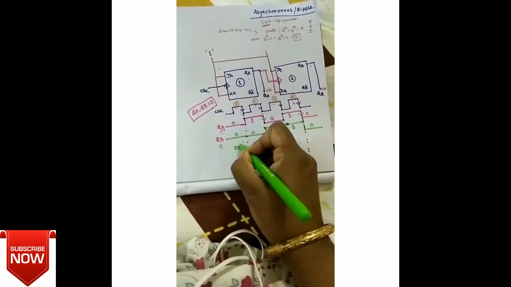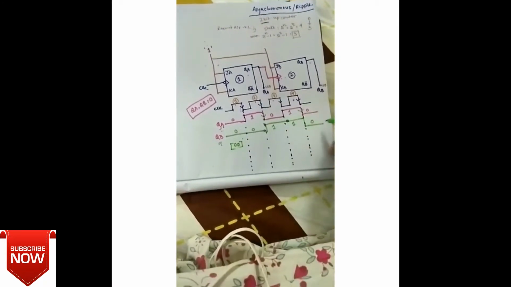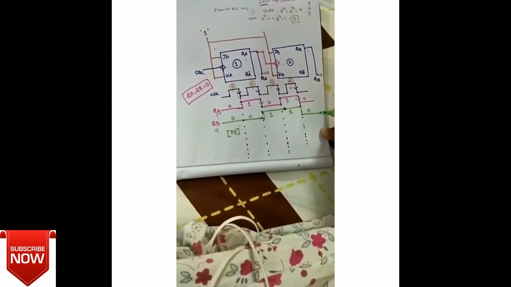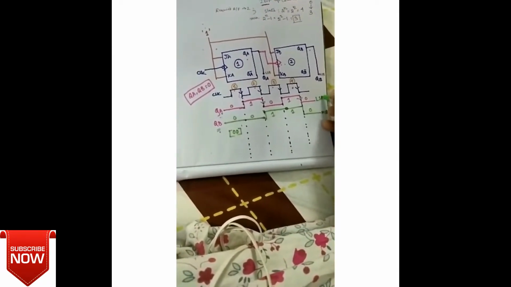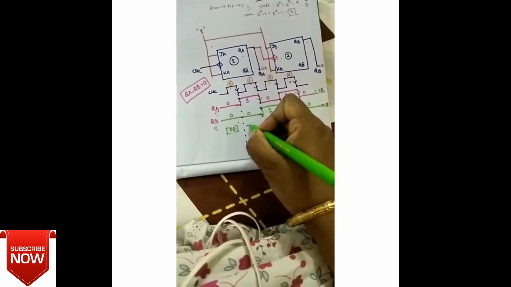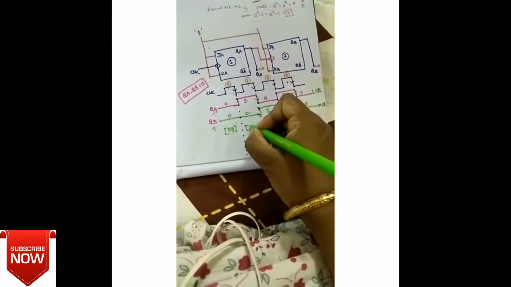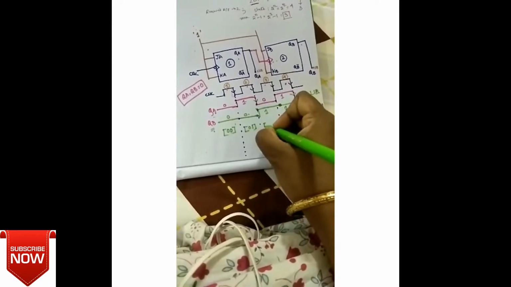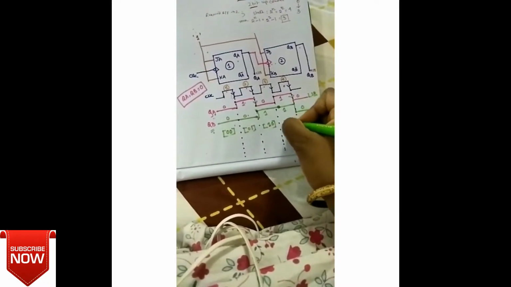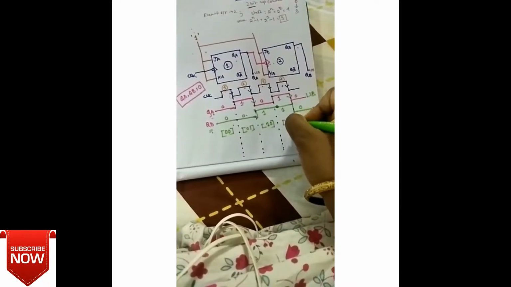The value is 0 0. QB is your MSB, and QA is your LSB. In this case it is 0 0, this case it is 0 1, this case it is 1 0, and for this case it is 1 1.